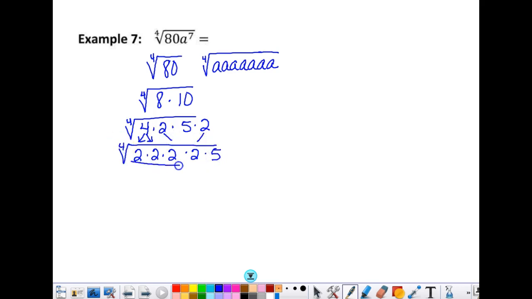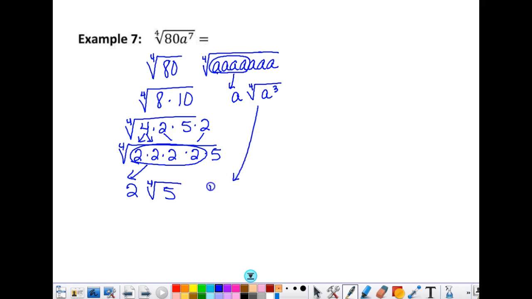Now it says to circle in groups of 4. So this 2 comes out, but this 5 doesn't have enough friends to circle to come out. So he has to stay. And then up here with my a's, I'm going to circle 4. So he gets to come out from underneath the radical sign. And a to the 3rd doesn't get to come out.